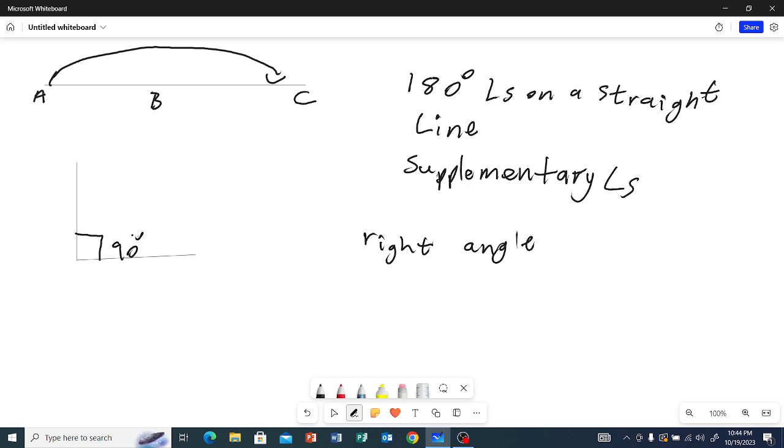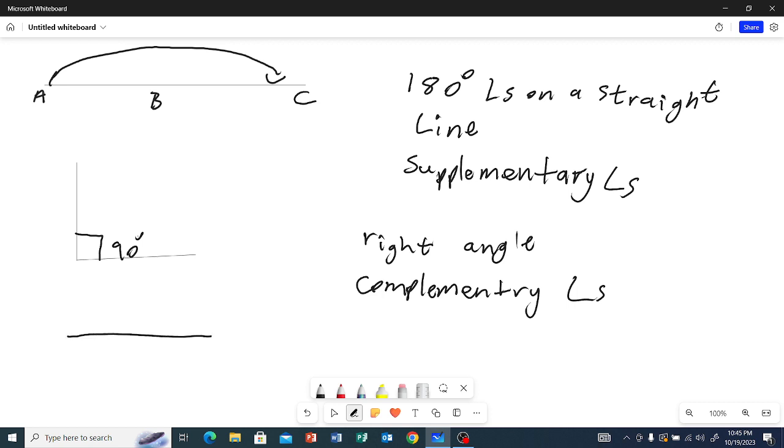Others, the angles that add up to 90 degrees, they call them complementary angles.